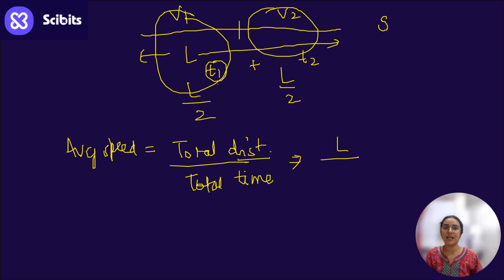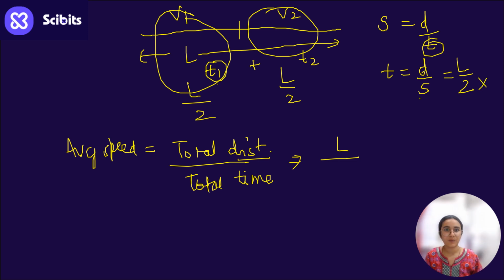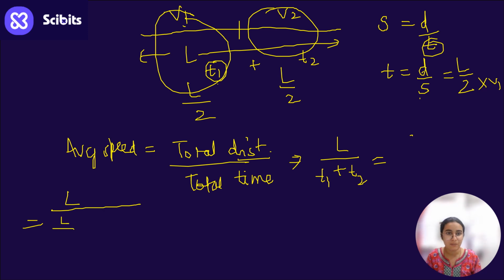So I have to find T1 first, right? How will I go about it? Speed is equal to distance upon time, and time is equal to distance upon speed. So distance is L by 2, and speed was V1, so it's L by 2 V1. So for T1 plus T2, I would like to write it here: L upon L by 2 V1 plus, and this was for T1.